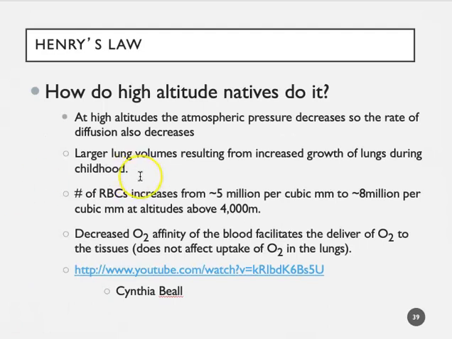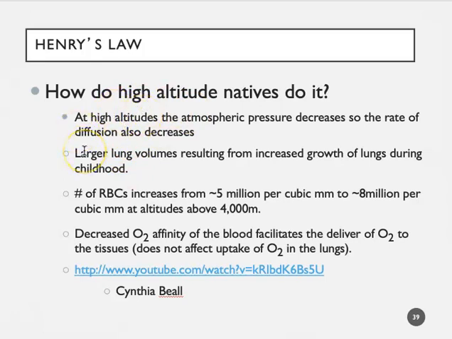Now, there's plenty of people who live at very high altitudes, and I don't just mean like Snowbowl and Flagstaff. We're talking about some very high altitude natives who live higher than Snowbowl, but lower than Everest elevations. So how do they do it?